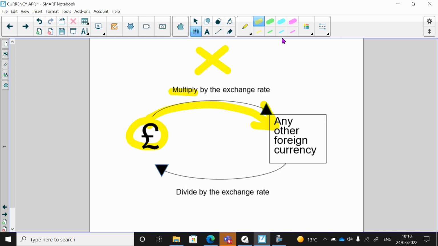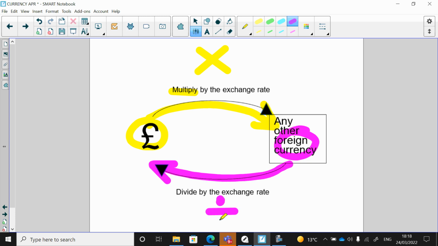But if we're coming back, converting from any other currency back to pounds, we divide. So that's the two things you really need to remember. Going out from pounds to another currency, you multiply. Coming back from another currency to pounds, we divide.